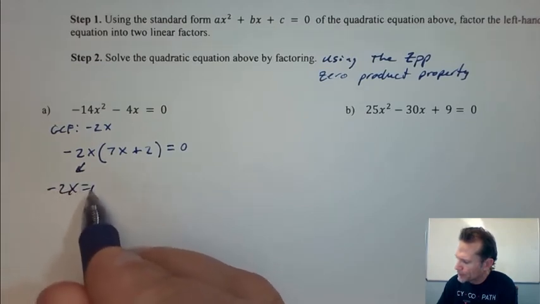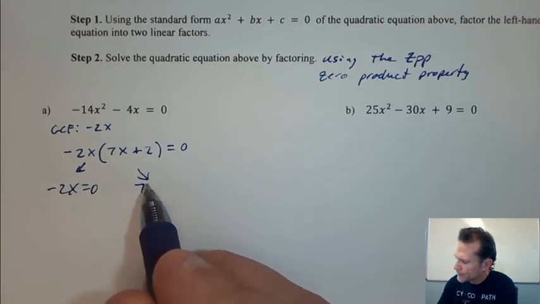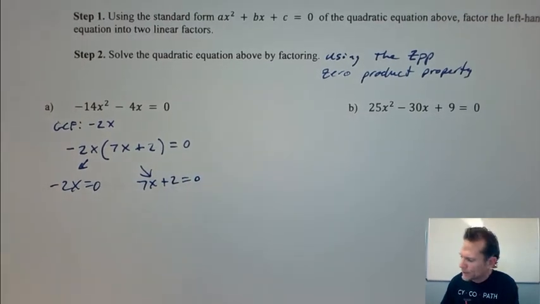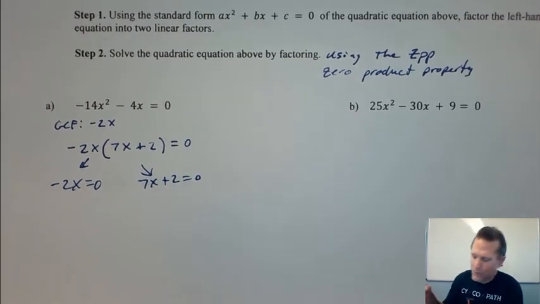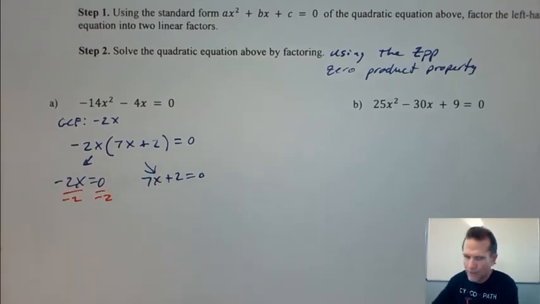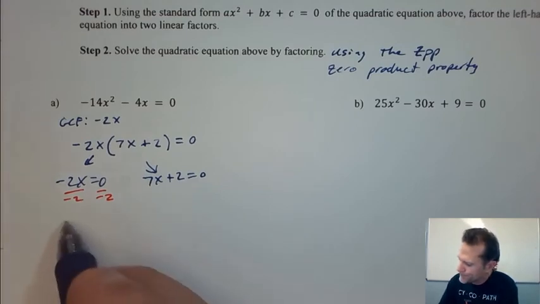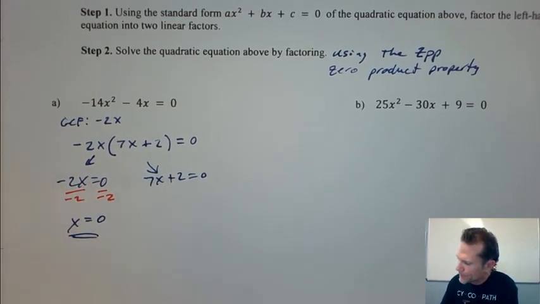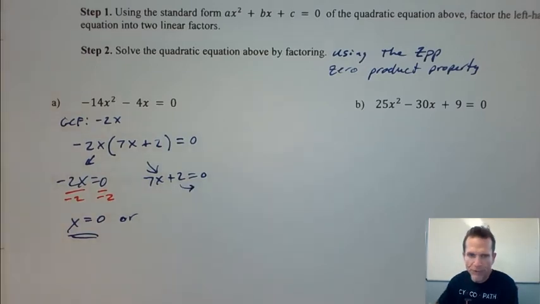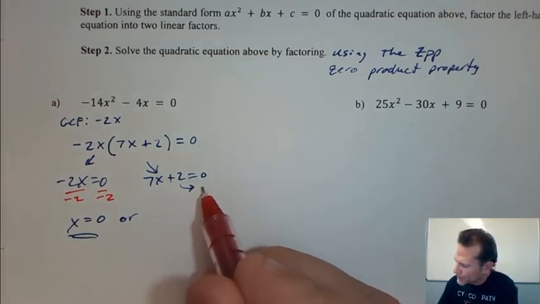Negative 2x equals 0. 7x plus 2 equals 0. So on this first one, I divide by negative 2, and you probably already are getting the hang of this, but this one yields x equals 0. And then on the second one, I'll move the 2 over, showing slightly different technique here.